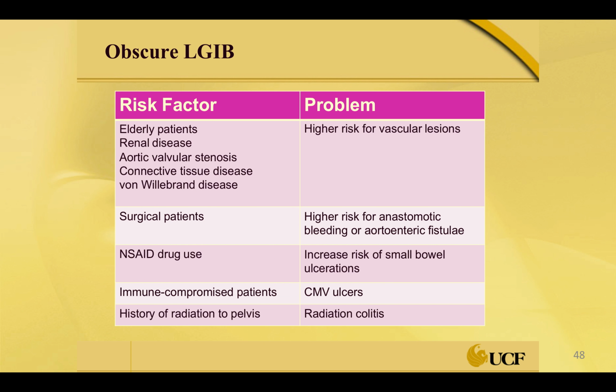NSAID drug users have an increased risk of small bowel ulcerations, and immunocompromised patients have cytomegalovirus ulcers, CMV ulcers, and patients that undergo radiation to pelvic organs usually develop radiation colitis. So all these are contributing factors to obscure the diagnosis of LGIB.